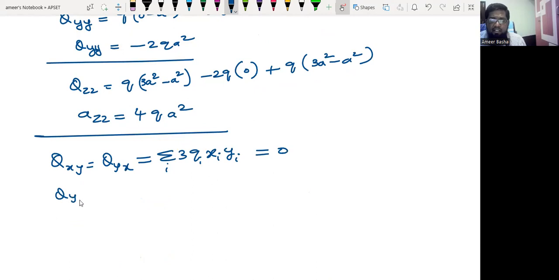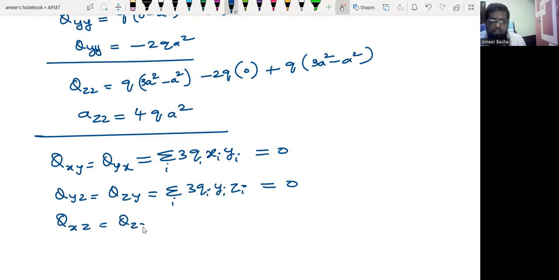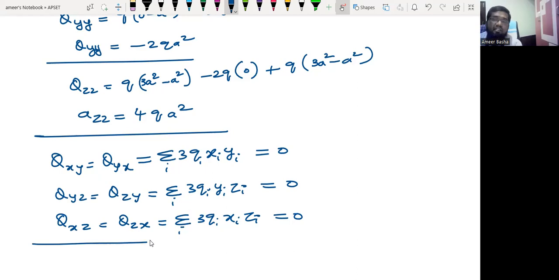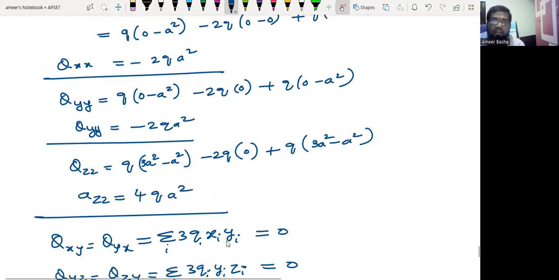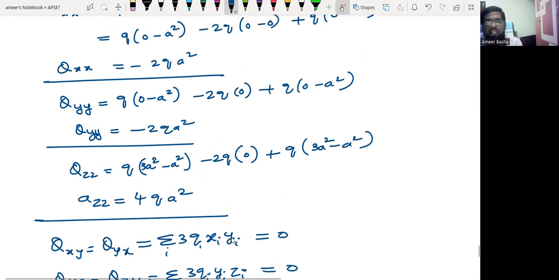Then yz and zy. That is sigma i 3qi yi zi. As y is involved, it is 0. Then I'll go for xz and zx. No doubt this is also 0. That is 3qi xi zi. This is also 0. Okay, that's it. So out of 9 elements, we have only 3 elements.